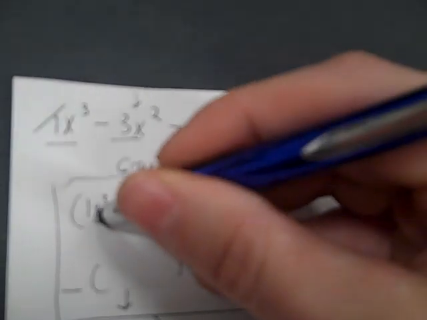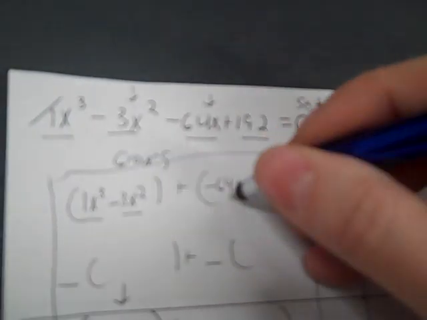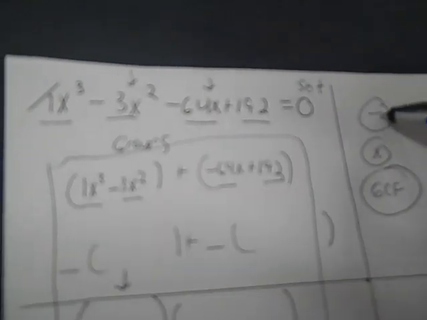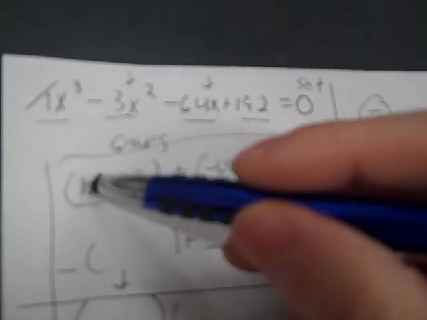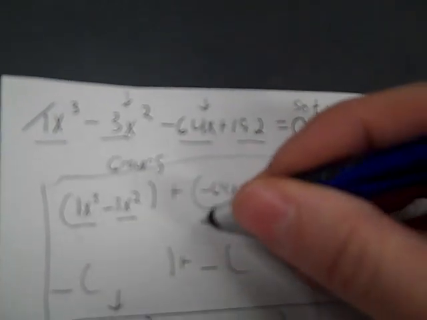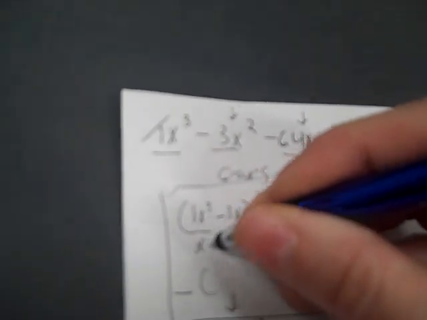Okay. Now, when I'm figuring out what to divide by, there's 3 things we check for. We check for negative, we check for x, and then we find the actual GCF. Okay, so negative. My first number here is not negative, so I don't put negative here. It's negative here, so I go negative, negative. Okay. Now for x, both of these have x's, so I take the smaller power, to the 2nd, though.